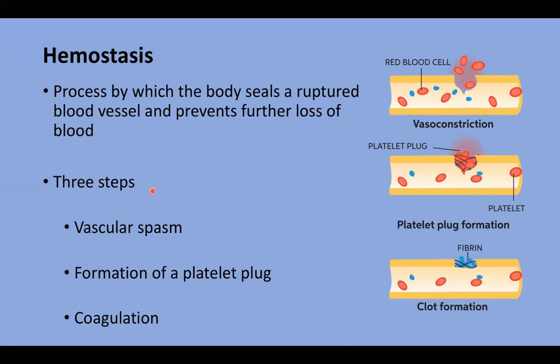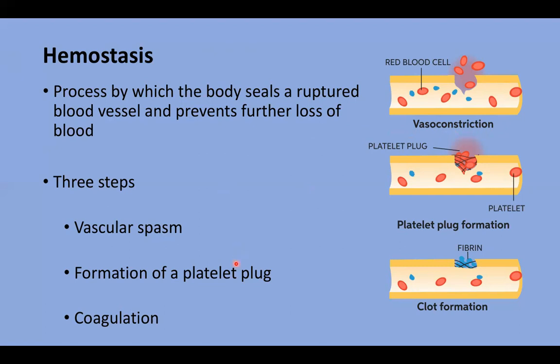And it can be described in 3 distinct steps. The first step is the vascular spasm, or sometimes it's referred to as vasoconstriction. Vaso means vessel, and constriction means if you constrict something, you make it tighter or smaller. So vasoconstriction means a constriction of the vessel.